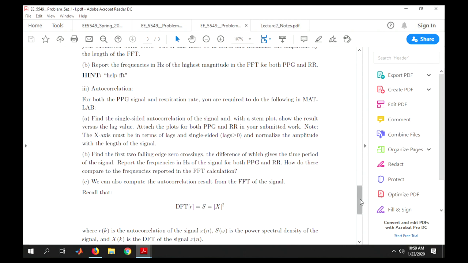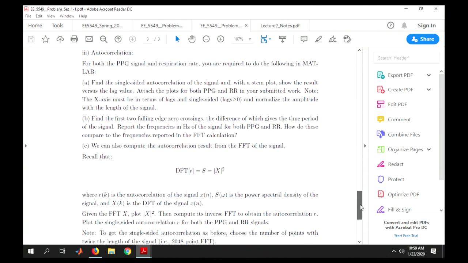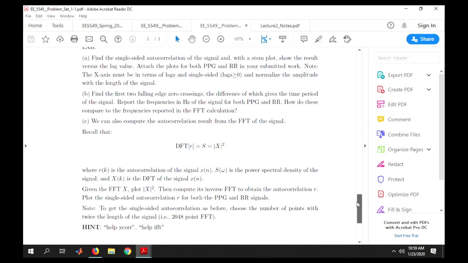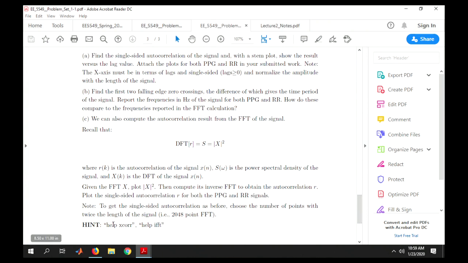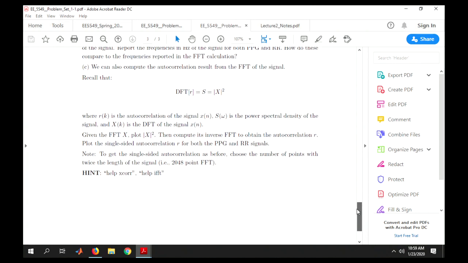In the third part, using autocorrelation, find the single-sided autocorrelation, meaning don't bother about negative k. Plot that, and you can use this xcorr command; use MATLAB help xcorr. Then take the zero crossings, compute the frequencies from them, and compare with what we got in the previous part from the DFT.